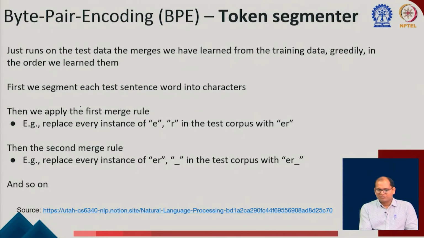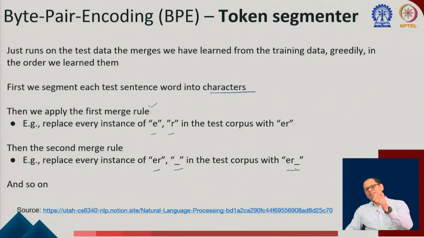First of all, you segment it into characters, and then you apply the same merge rules. Wherever you find E and R together in that sentence, you convert them into ER. If you find ER and the end of word symbol, you convert into ER end of word. Like that, you apply the same merges again, and you obtain back the subword segmentation. And then you give the IDs and do whatever processing you want to do on top of that.